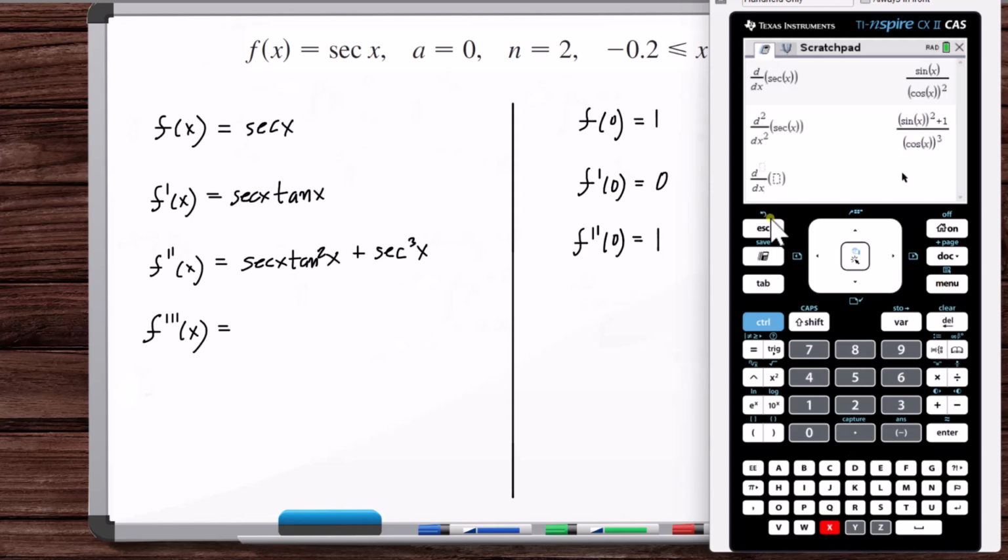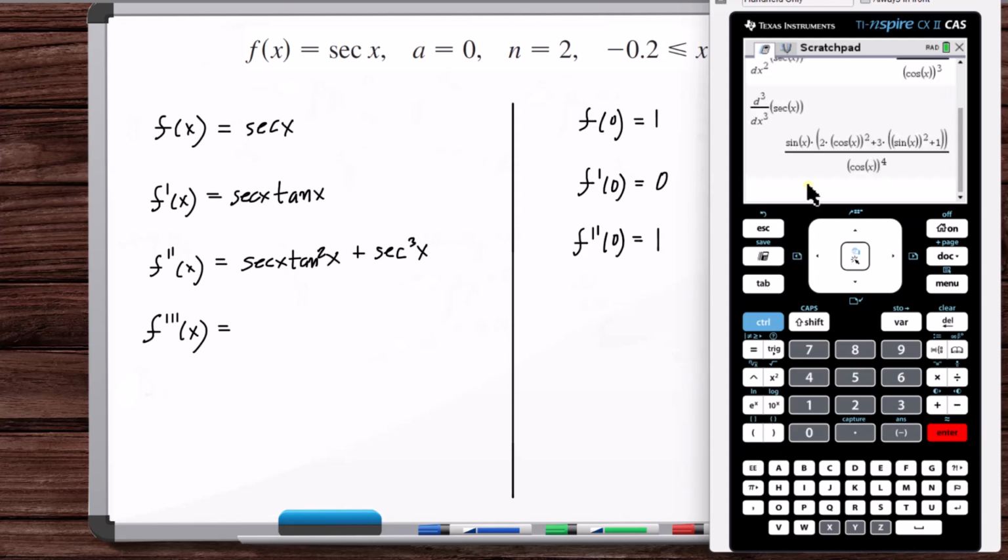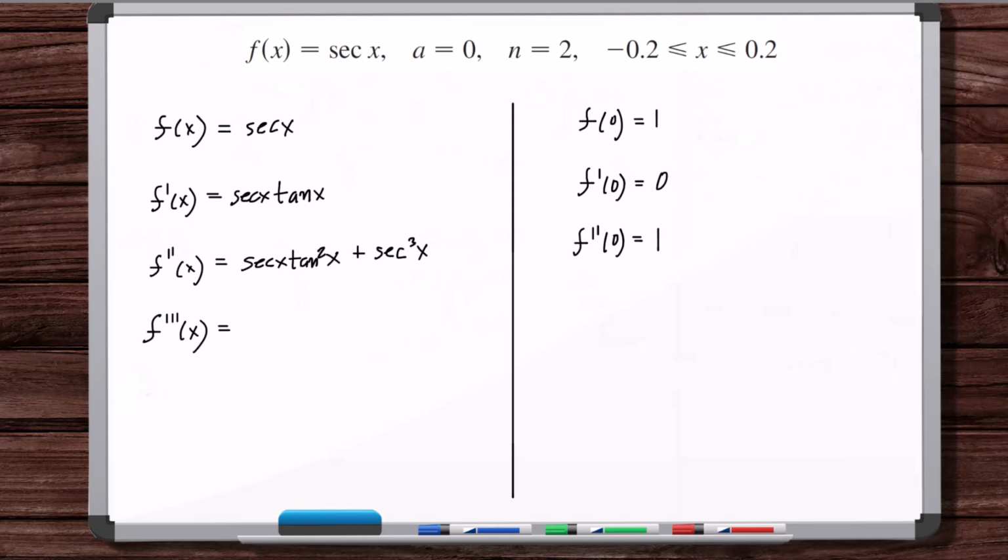So, okay. With respect to x, the third derivative, okay, and so you got 2 sine x cosine squared x over cosine to the fourth of x. So that's 2 sine x over cosine squared x, which is 2 secant x tangent x.